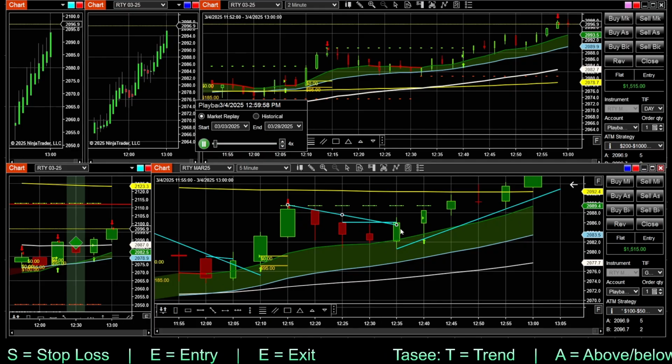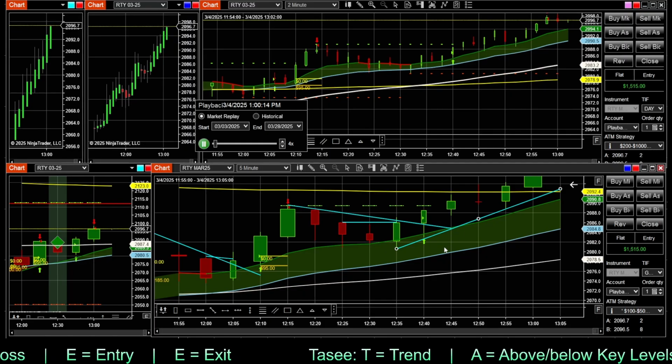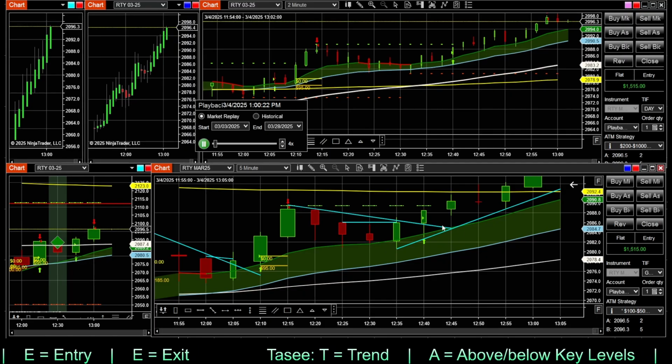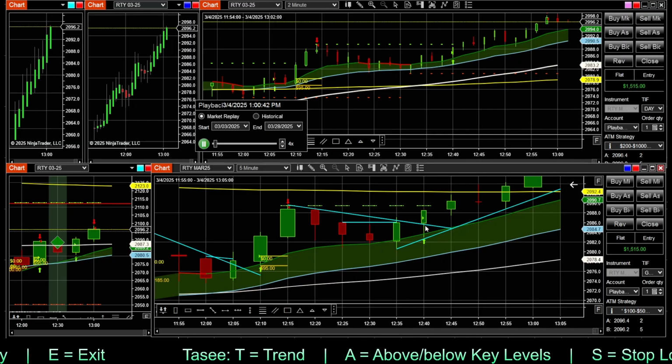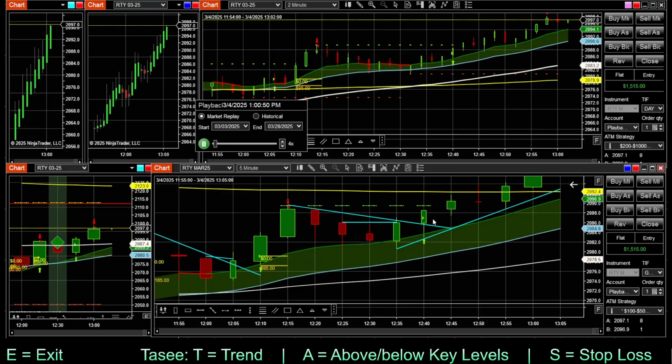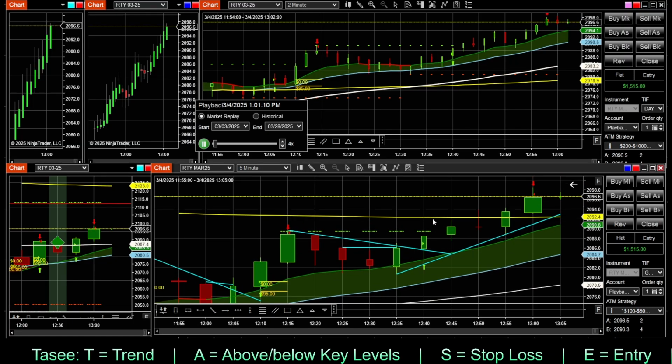So we've got our prices above here, and notice where we entered right here, it still went down into our trade and squeamed me out. We didn't lose it, so that was good.